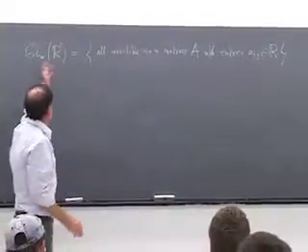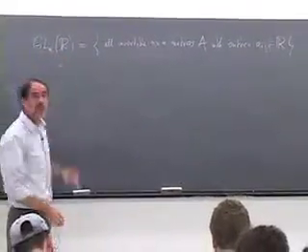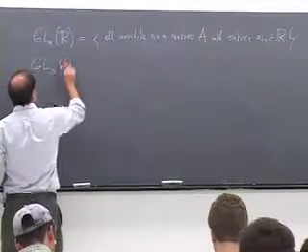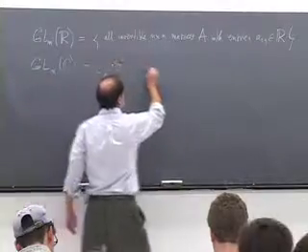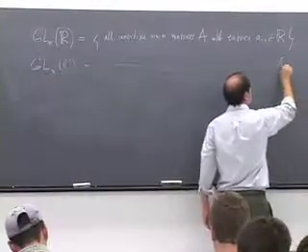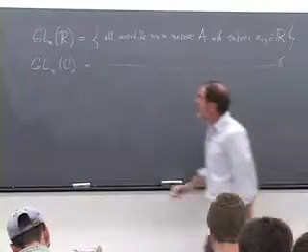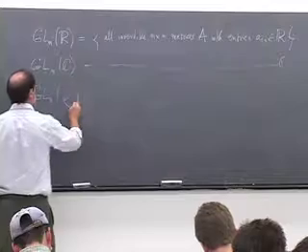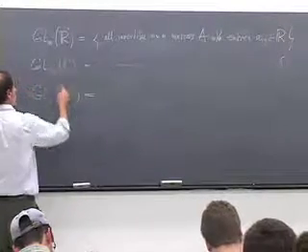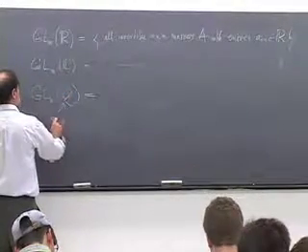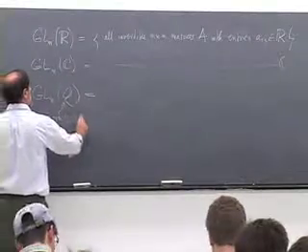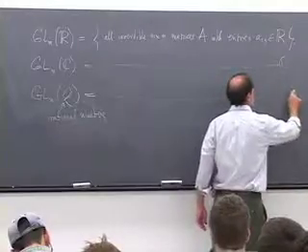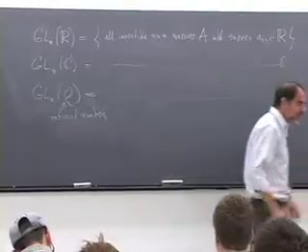You could also define a group GLn of C, which would be the same thing, where the entries of the matrix were complex numbers. Or you could define the group GLn of Q, where the entries are rational numbers, the field of rational numbers. We'll start with the real numbers.